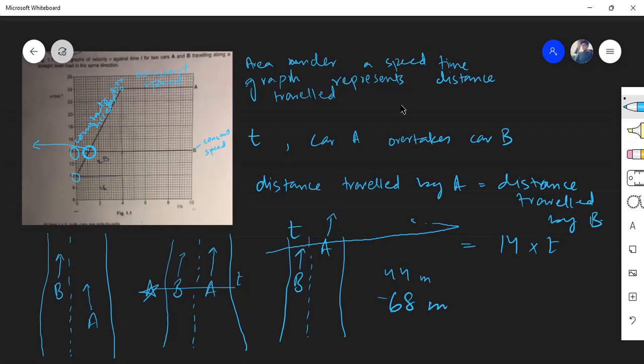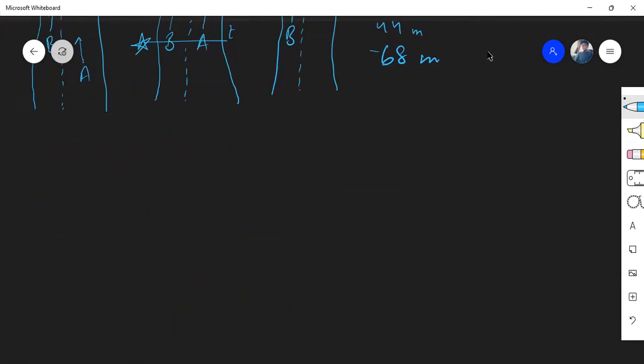The graph does come here to 0. So what formula did you use to find this? Did you use the formula for a trapezium, or did you split this trapezium into a triangle and a rectangle? I did a triangle and a rectangle. Okay, and I see why you did it incorrectly.